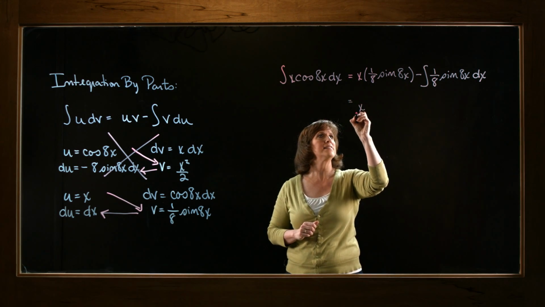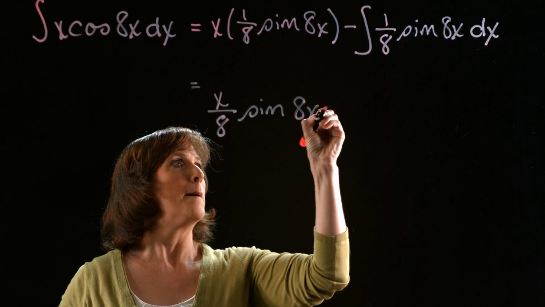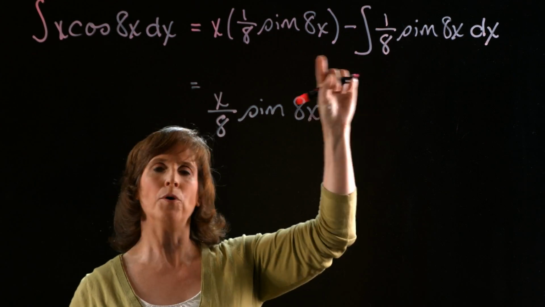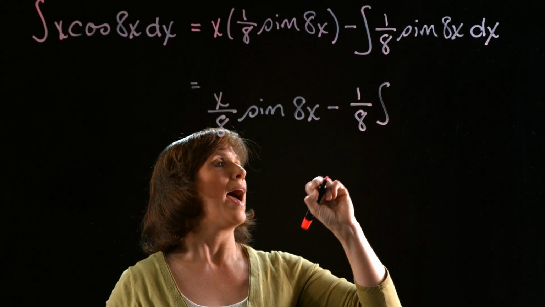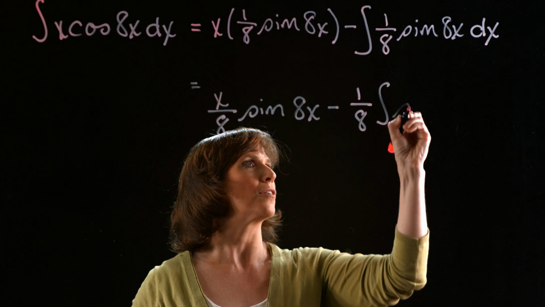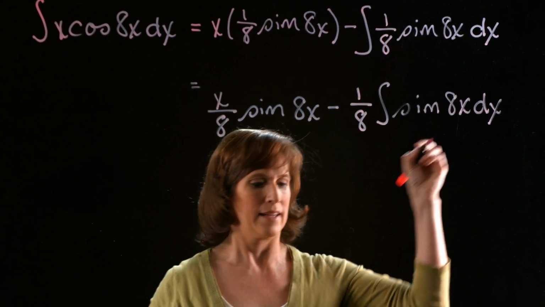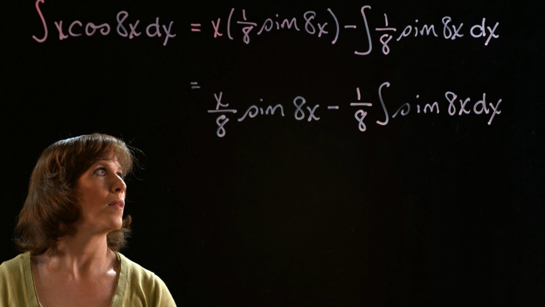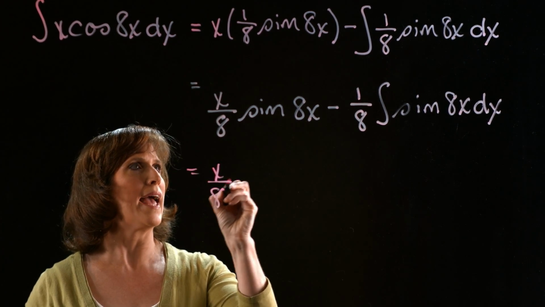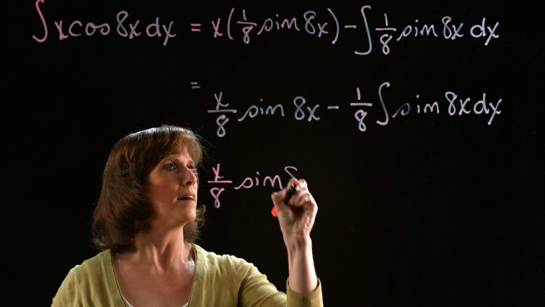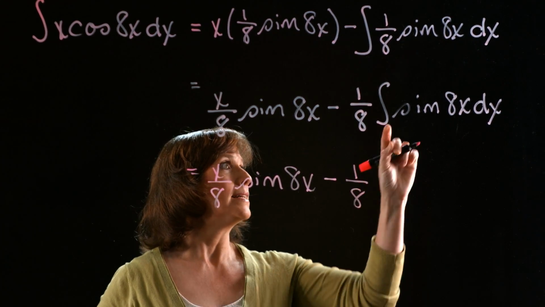I'm going to have x over 8 times the sine of 8x minus, I can pull that 1/8 out, because it's a constant multiple. And I've got 1/8 times the integral of the sine of 8x dx. Okay, so I'll have x divided by 8 sine of 8x minus 1/8 times this integral.